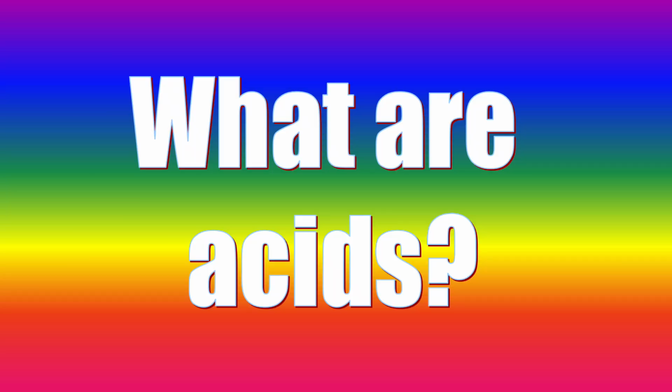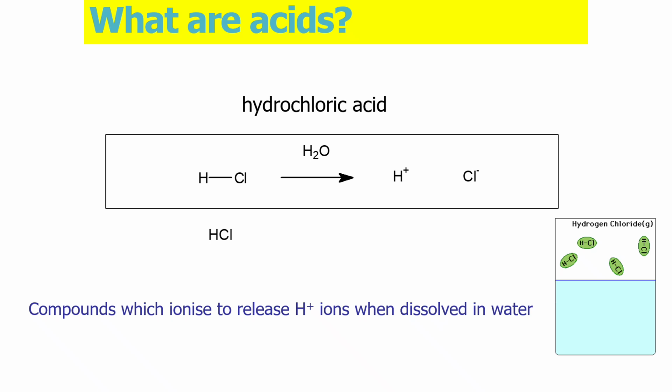So, what are acids? In the context of ionization, any compound which ionizes or dissociates in water and releases H plus ions is called an acid. As you can see in this image on the right, hydrogen chloride is in fact a gas.